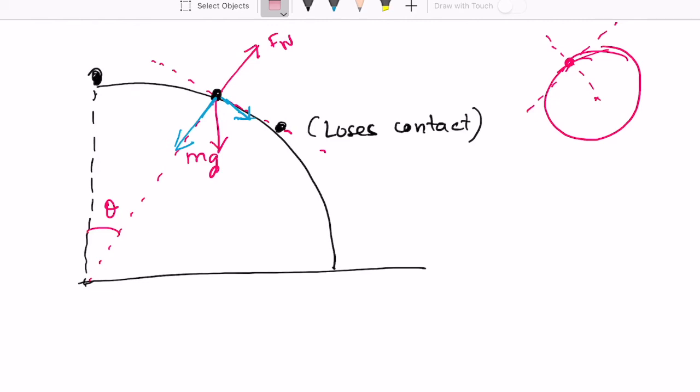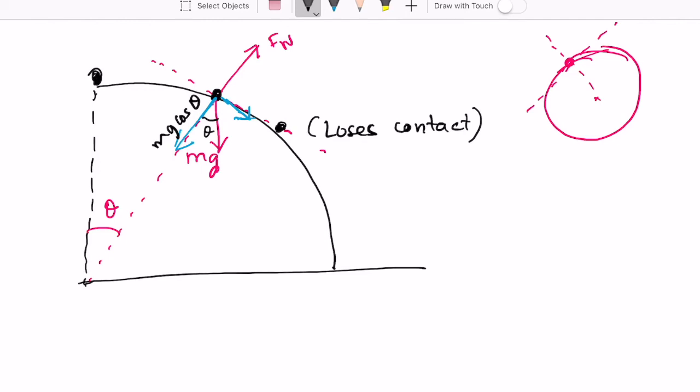Okay. So if theta is this angle, then this angle is also theta, right? And so from SOHCAHTOA, the radial component of mg would just be mg cosine theta, and the other component would be mg sine theta, which I'm not writing just to reduce clutter.